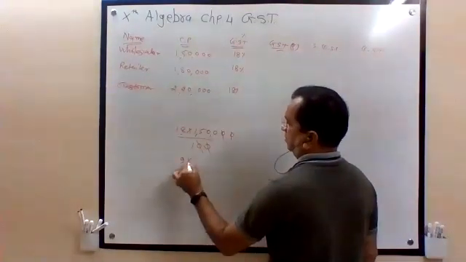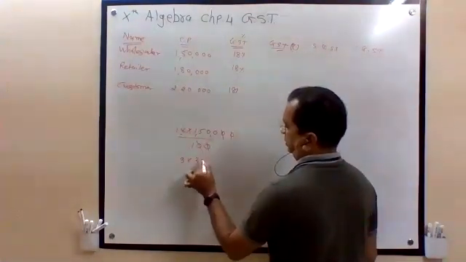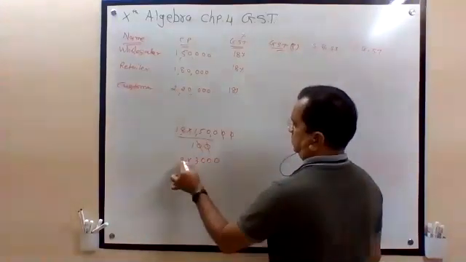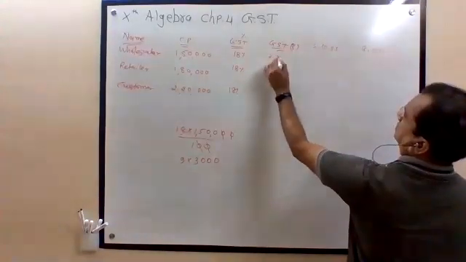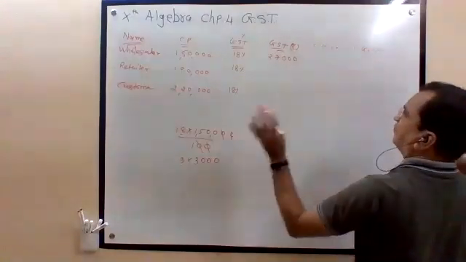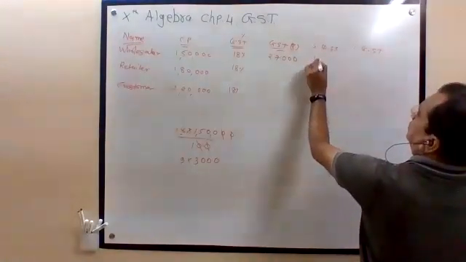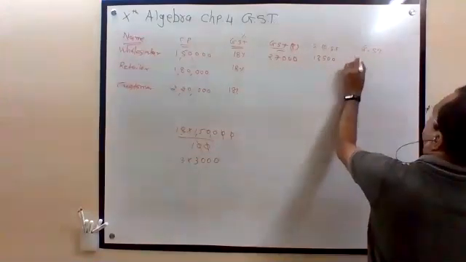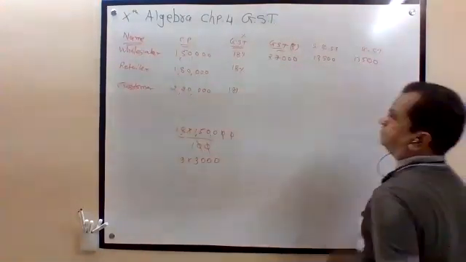Make it half, make it double, so that is 3,000. So that is 27,000. Half of it is 13,500.